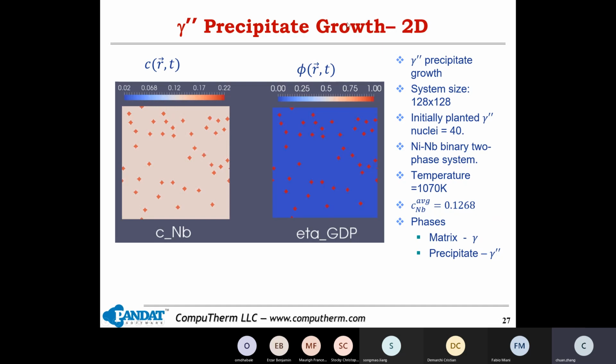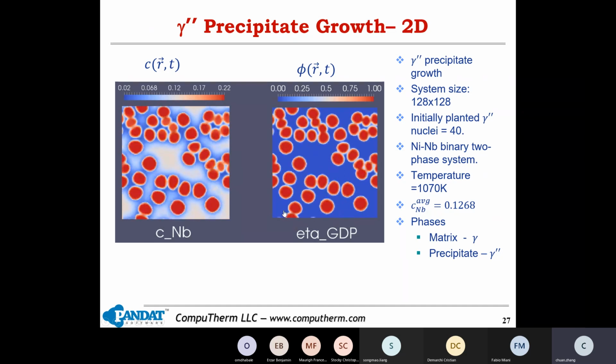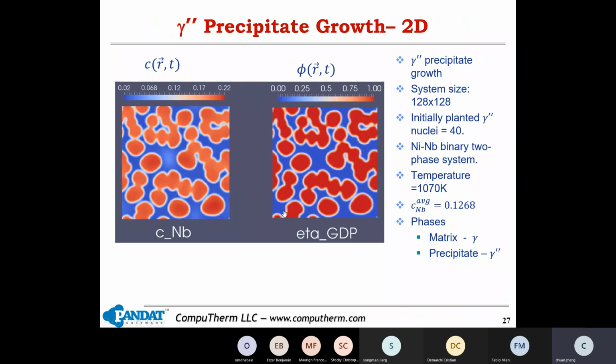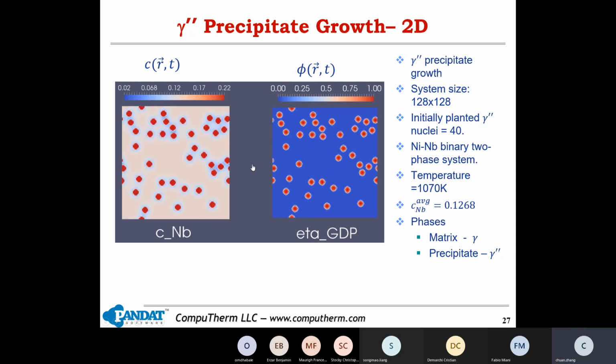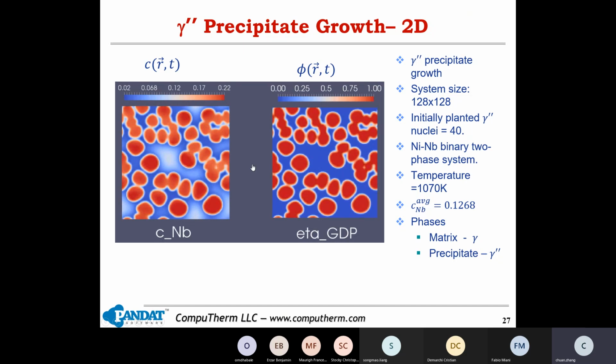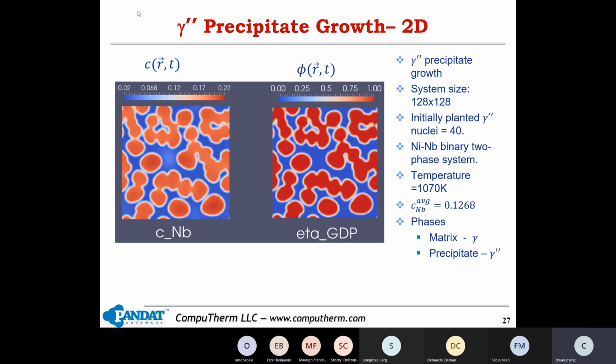This is a phase field simulation of precipitation for gamma double prime precipitate growth. This is a 2D simulation, just to show the evolution. Both the visualization and all these functions have been integrated in our current software. You do not need to do anything else. This module has been built into our software.